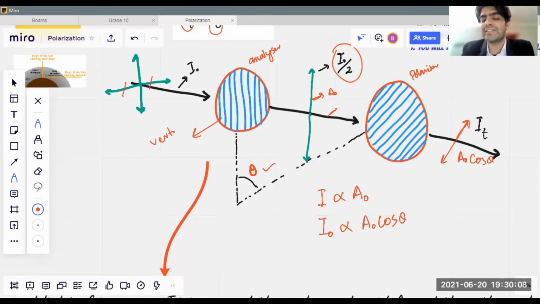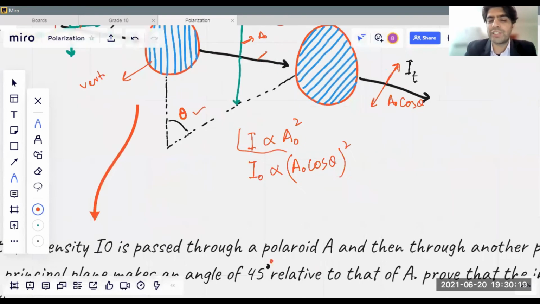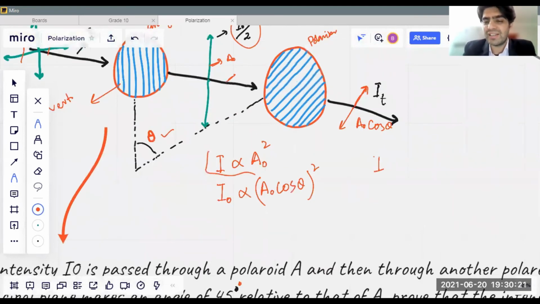As we all know, intensity is equal to the amplitude square. So we can take the square of this whole thing, which is A naught cos theta whole square. When we divide these both equations, it becomes I is equal to I naught, A naught square over A naught square cos square theta.